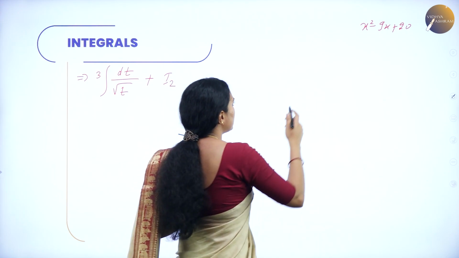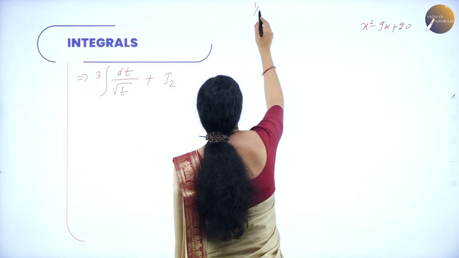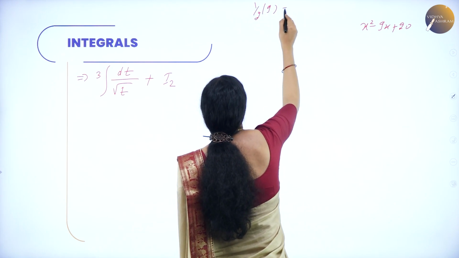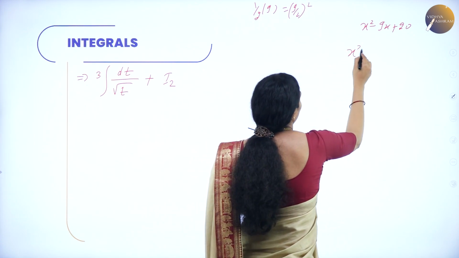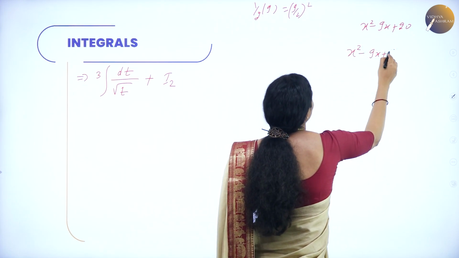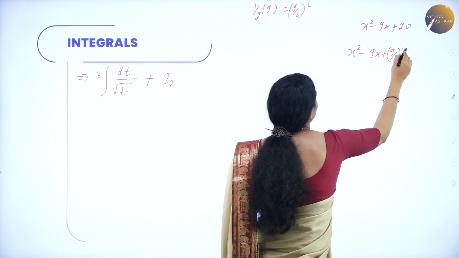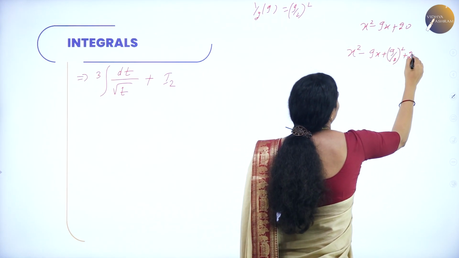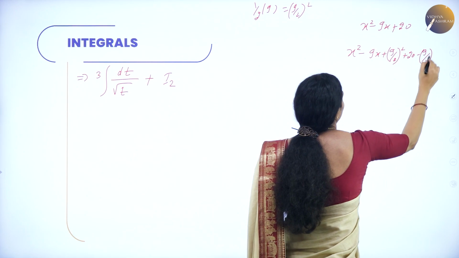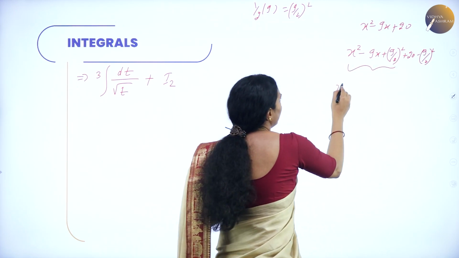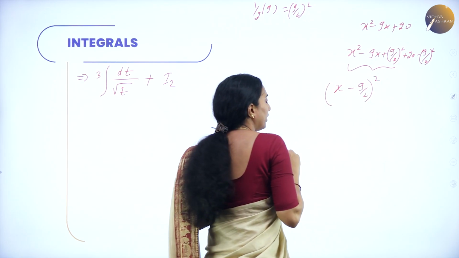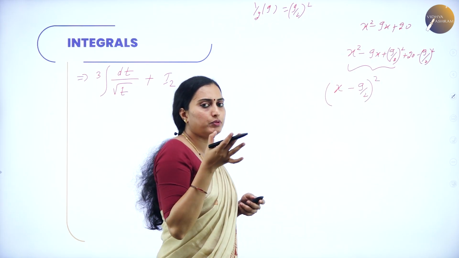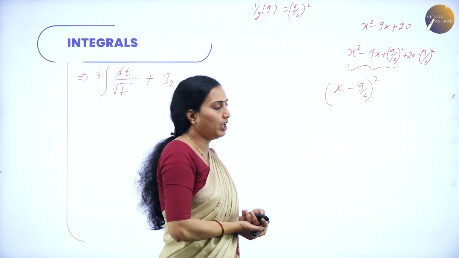So x squared minus 9x plus 9 by 2 whole squared, plus 20 minus 9 by 2 whole squared. Now this is in the form of x minus 9 by 2 whole squared. Correct? Now which is a squared plus b squared minus 2ab.